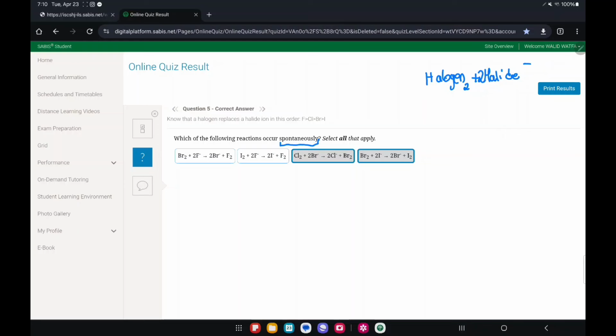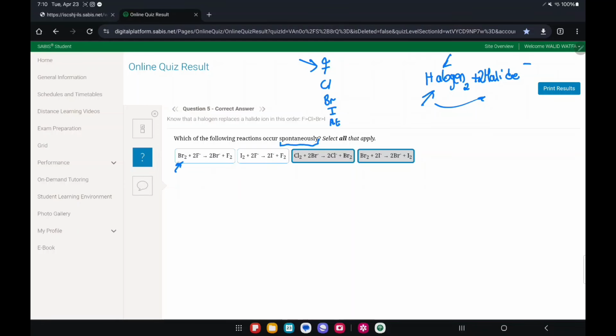So for it to occur spontaneously, remember that the halogen has to be more reactive than the halide, and the halogens, if you look at them, they're in group 7. They're F, Cl, Br, I, and then astatine at the bottom. Okay, the more reactive ones are always at the top, and remember that the halogen always has to be the more reactive one.